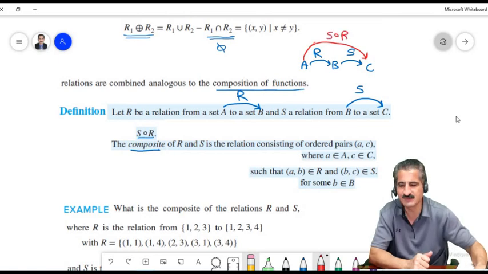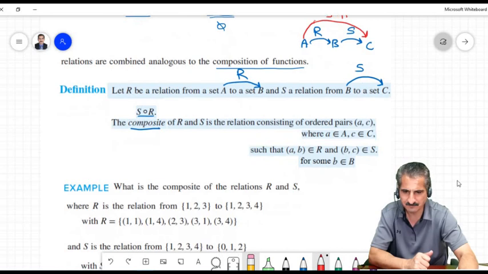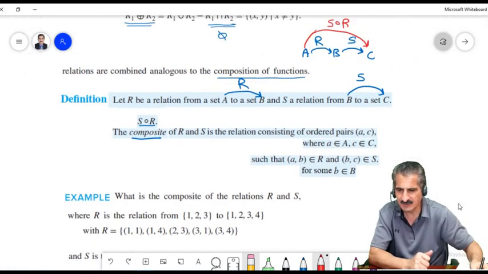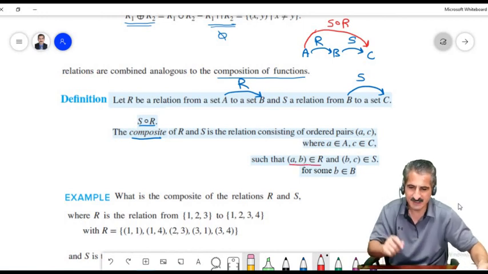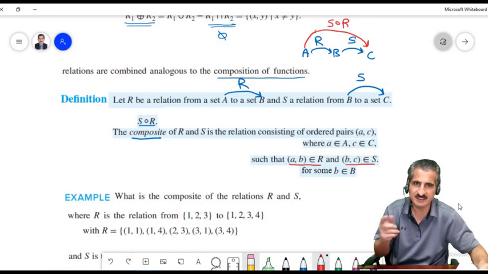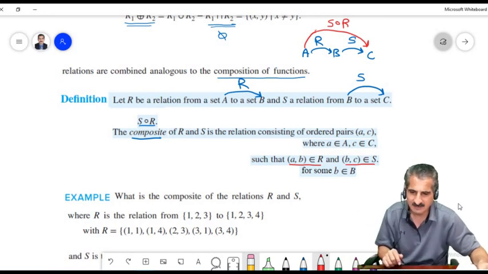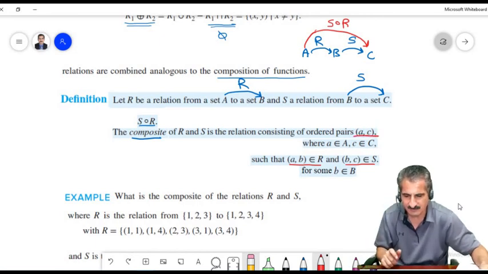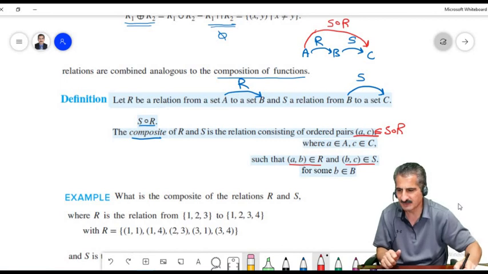So S compose R. And here we go, the definition of it. If (A, B) belongs to R, and then (B, C) belongs to S, then (A, C) belongs to S compose R. So if I want to make it clear, I'll rewrite it in a more organized way.